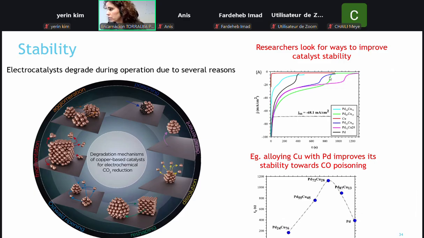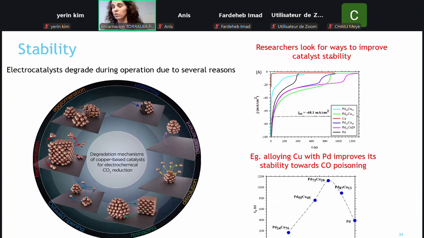Here I came back to the same article as before, and what we worked on is just an example with palladium copper. For example, we did chronoamperometry with the different bimetallics that we studied, and what we saw is that we have the typical current by diffusion, but at some point the current falls to zero.